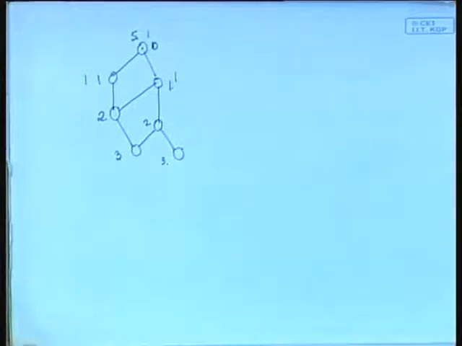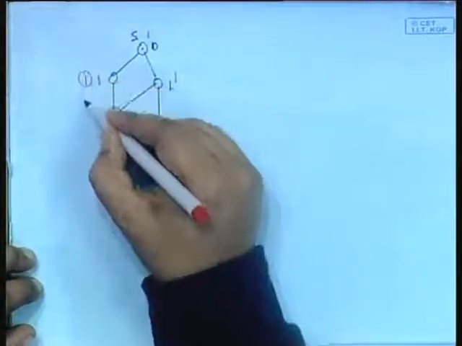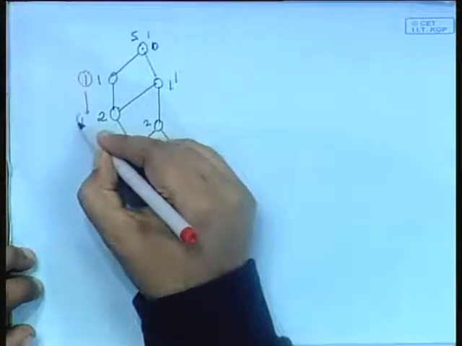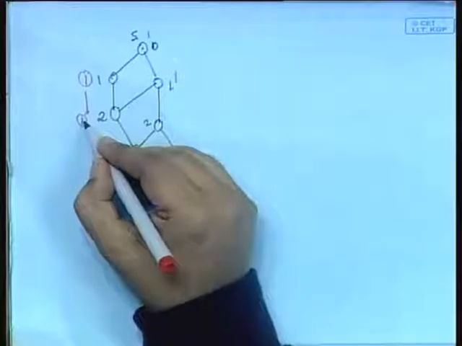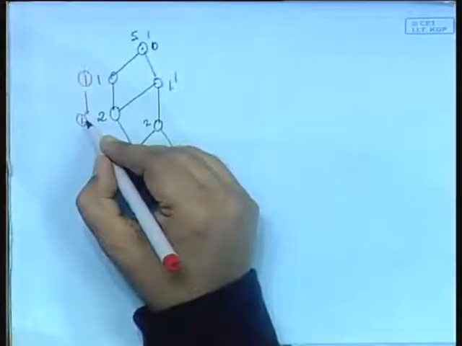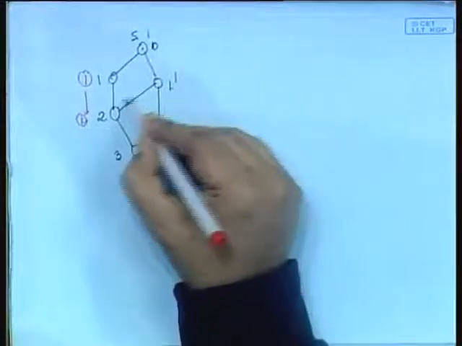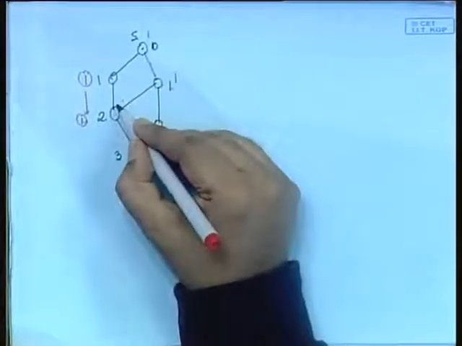Now, what you see, take this and come here, this will become 1, take this node and come here. So, one more shortest path. Okay. Now, come here, so there is one more shortest path.